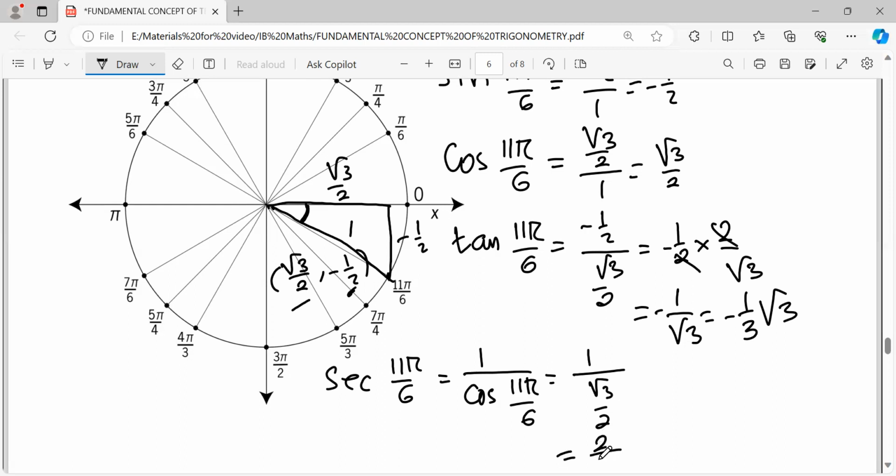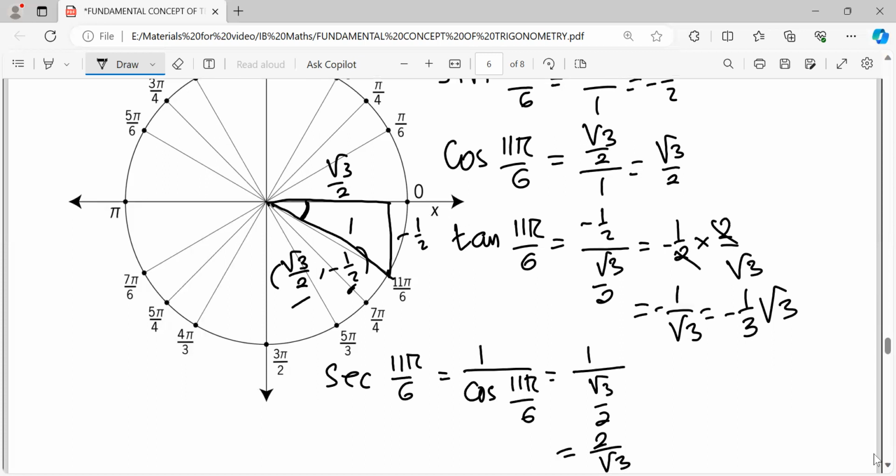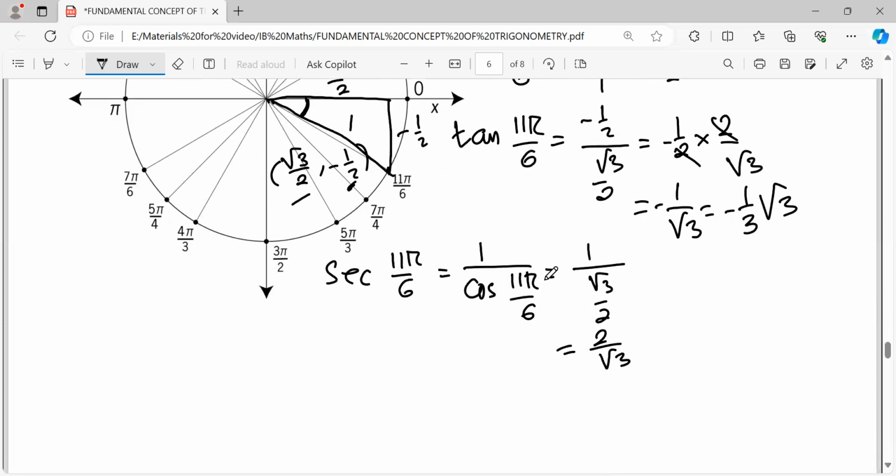It becomes 2 over square root 3, or 2/3 square root 3.